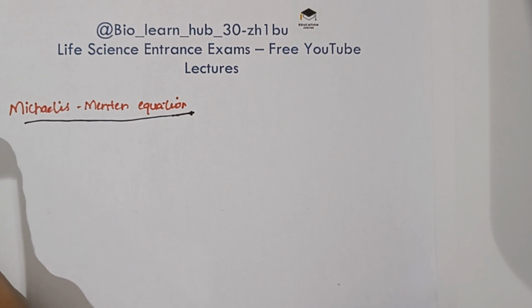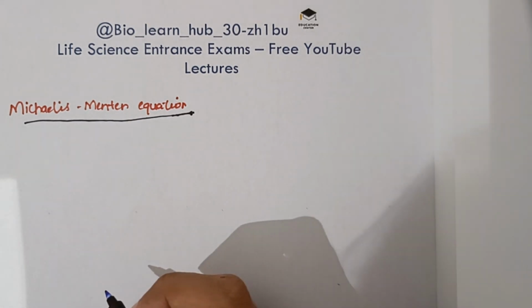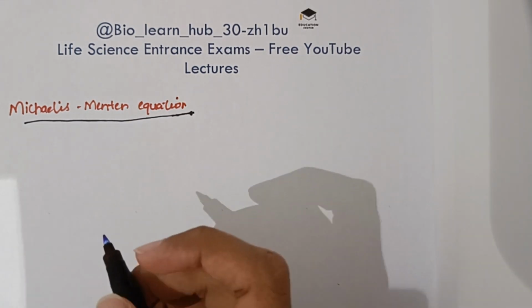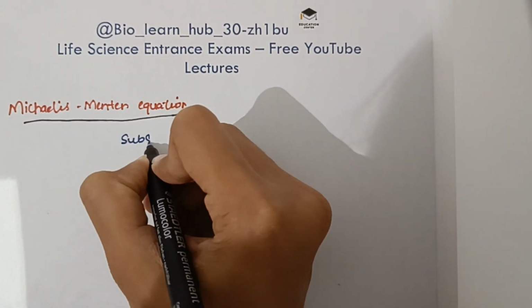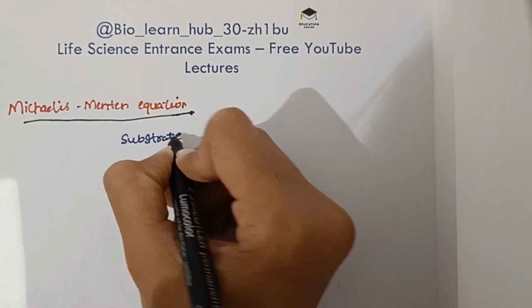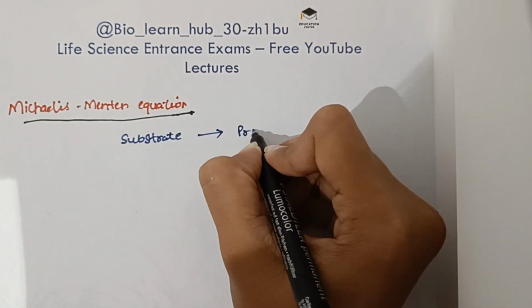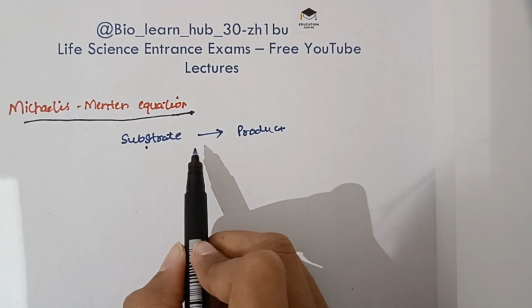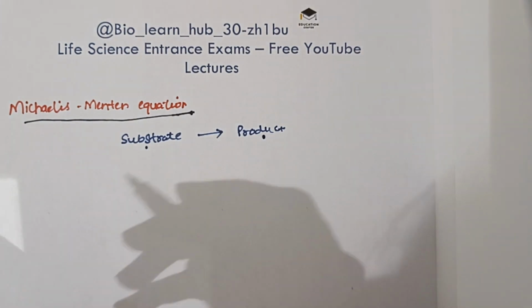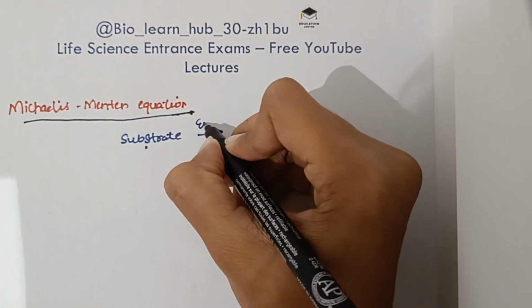Before going into this equation, let's talk about what enzymes are and how they work. You know the conversion of a substrate to a product, right? The substrate gets converted to the product by the action of an enzyme.